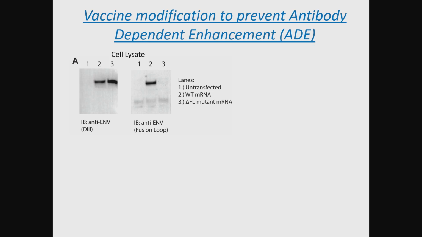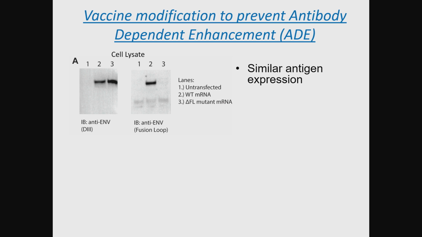So first, to show the construction and expression of our envelope protein. Here we are transfecting mRNA, either the wild type or mutant version, into our tissue culture cells and looking at the envelope by Western blots. On the left, this is a Western blot with an antibody specific to domain 3, a domain within the envelope protein. You can see similar expression levels of the envelope protein between the wild type RNA and the mutant RNA constructs.